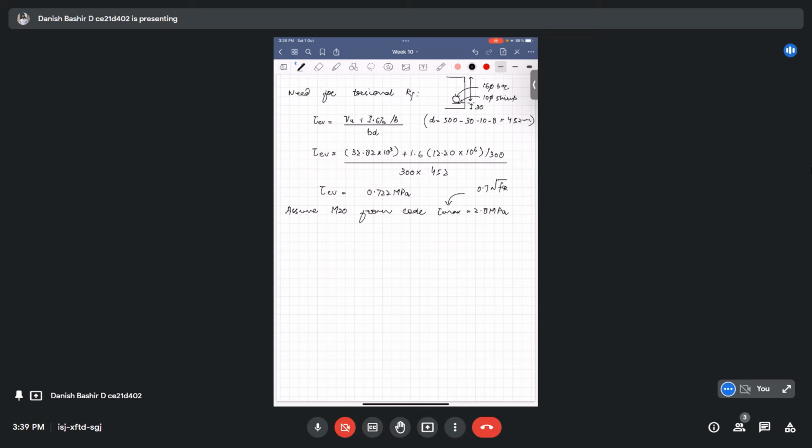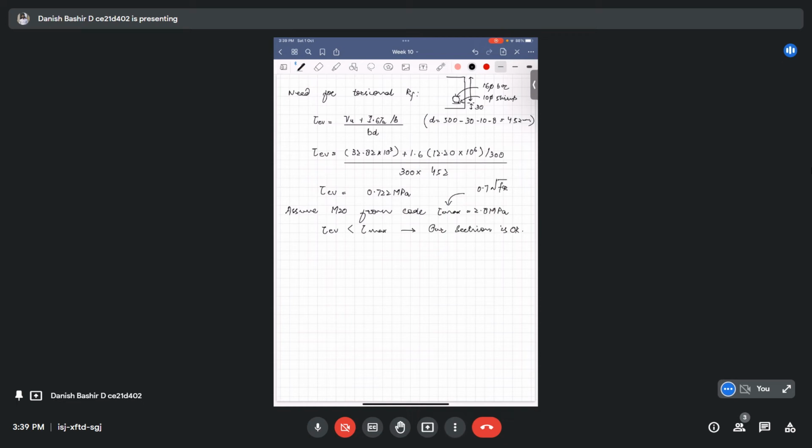Okay, you will get 2.8 megapascal. You are seeing that the equivalent shear stress is less than the maximum shear stress that concrete can bear. So our section is okay. We need not redesign the section.